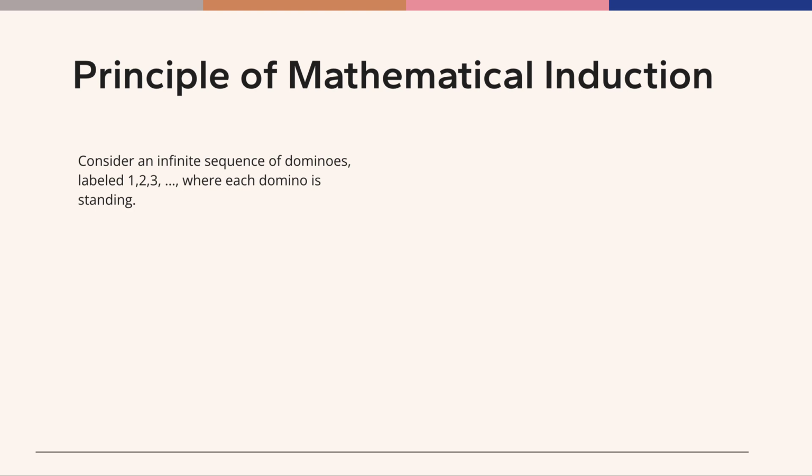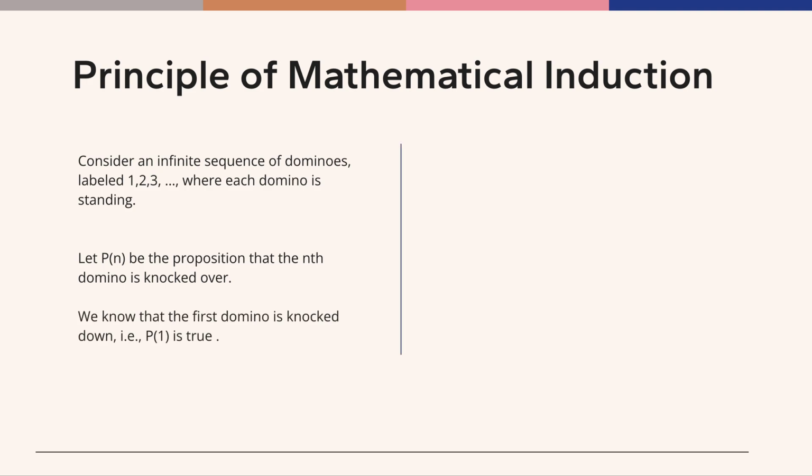Now consider an infinite sequence of dominoes labeled 1, 2, 3 until an indefinite number, where each domino is standing. Let Pn be the proposition that the nth domino is knocked over. We know that the first domino is knocked over, then we can write P1 is true.